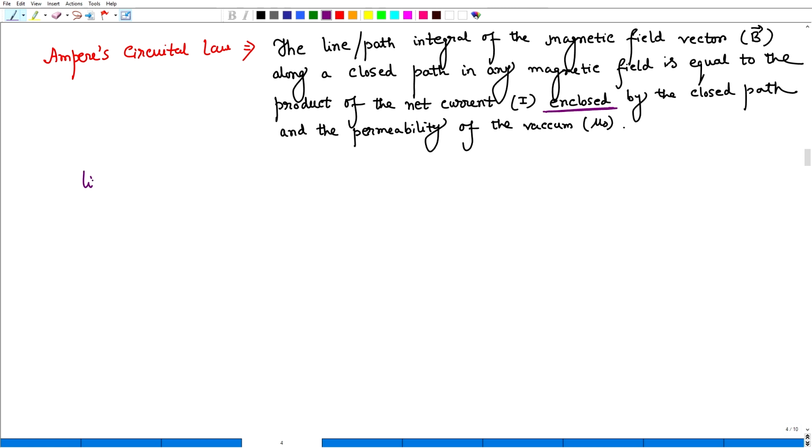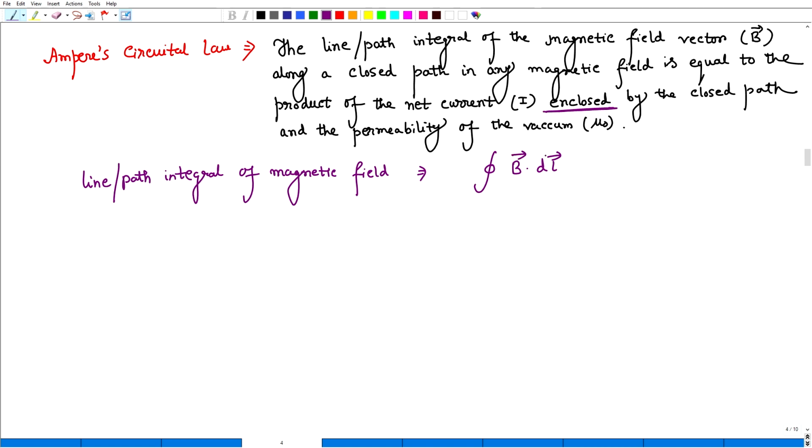First is the line or the path integral of magnetic field, it will be B dl. We can write it like B cos theta dl, does not matter, it's the same thing. So it is B dl.